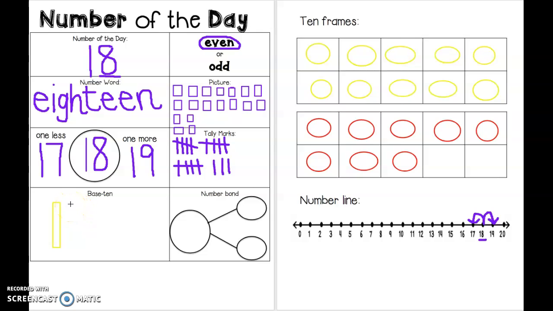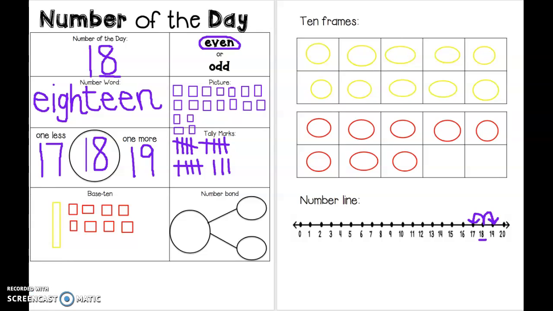If you said 8, you're right, because you can use your other 10 frame to help you. 1, 2, 3, 4, 5, 6, 7, 8. So there's 10, 11, 12, 13, 14, 15, 16, 17, 18. So 1 tens rod and 8 ones cubes makes 18.